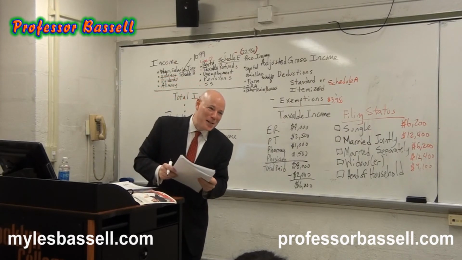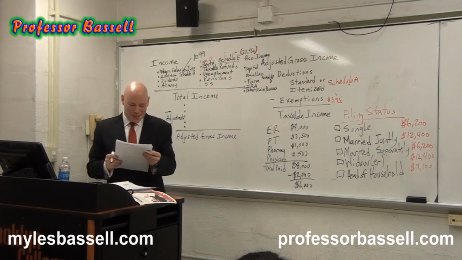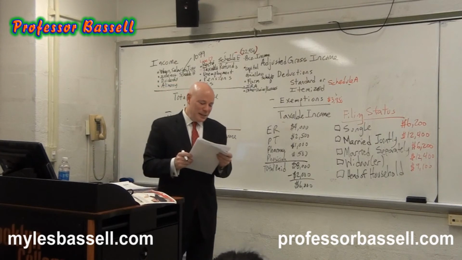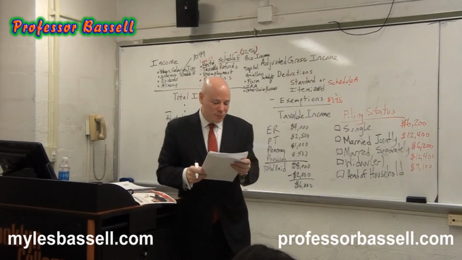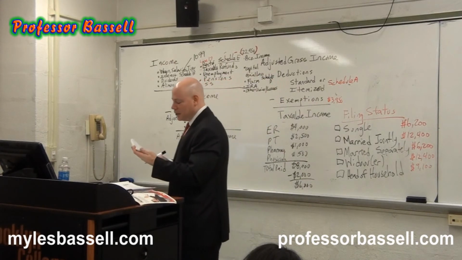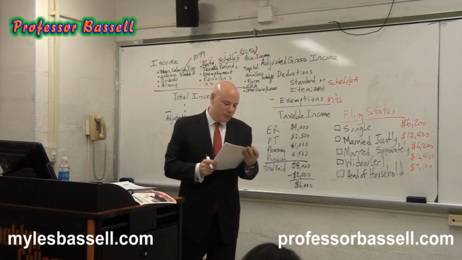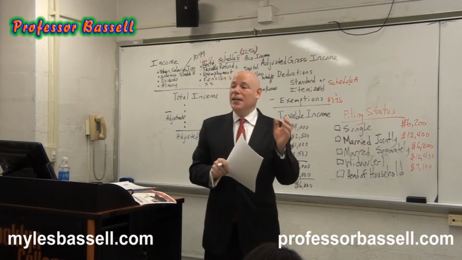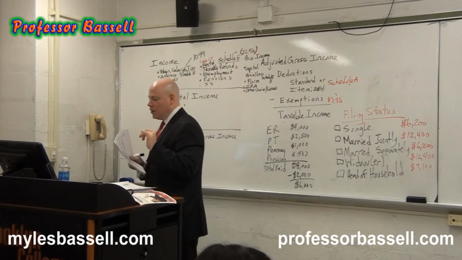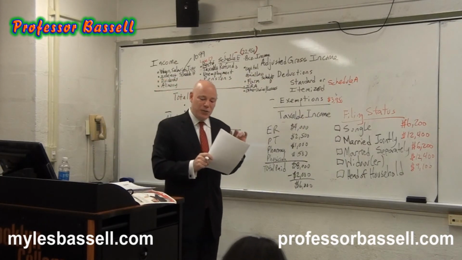But it can't be that simple, right? Not quite that simple. Now last year, the percentage of the AGI that taxpayers were responsible for relating to medical and dental expenses was 7.5%.